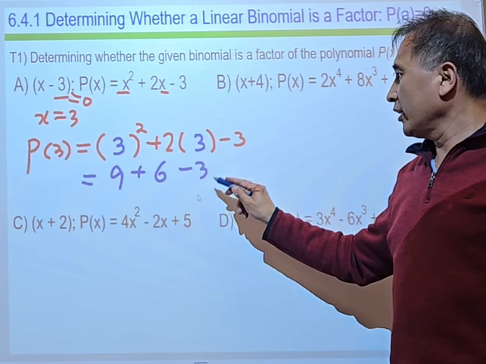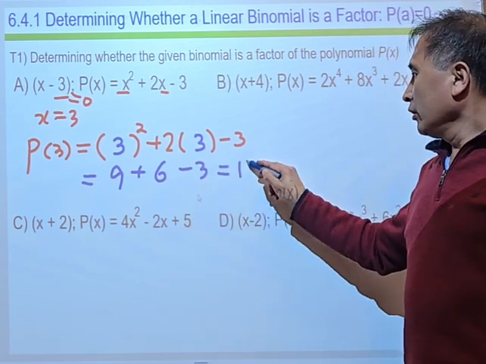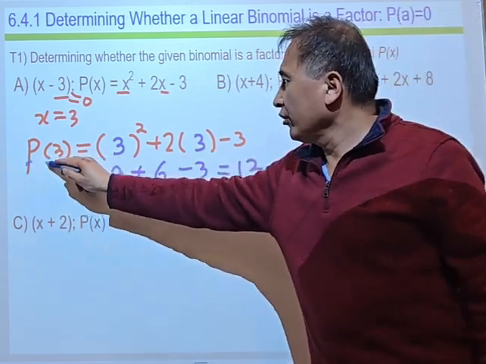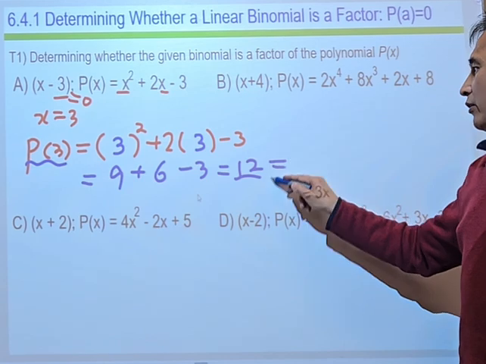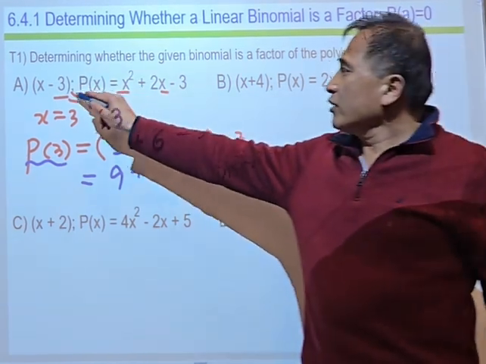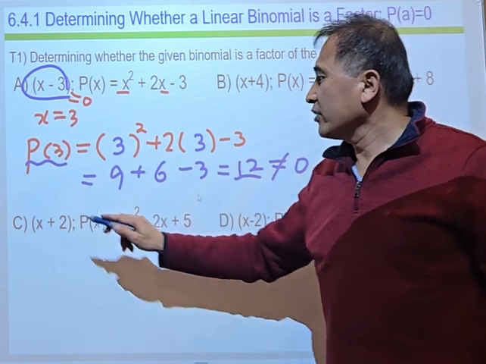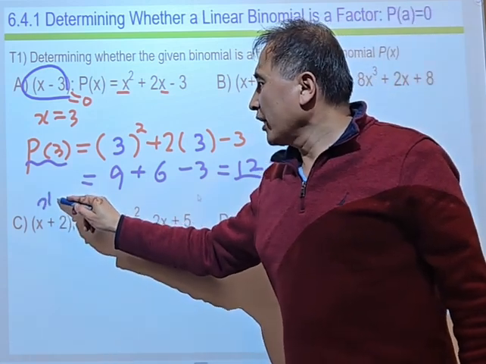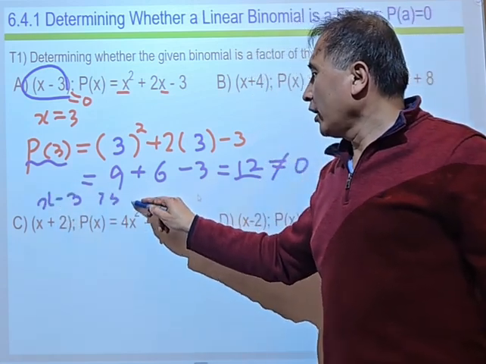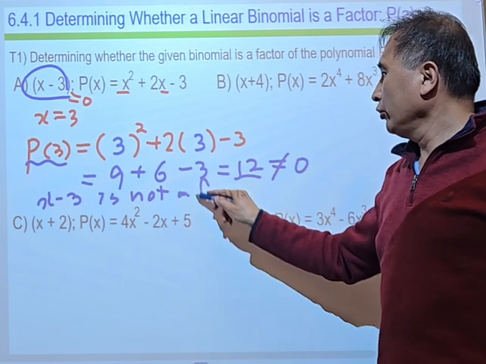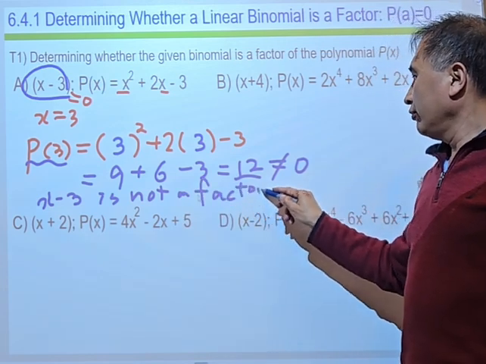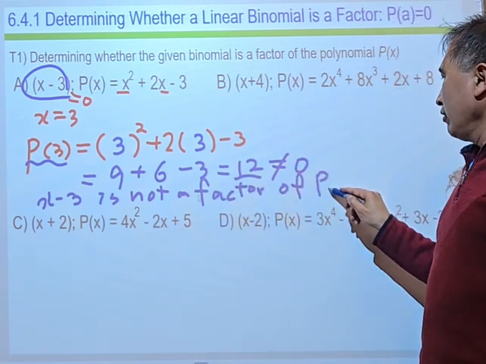This is 15 minus 3, that's 12. P of 3 is 12, not 0. That means x minus 3 is not a factor of p of x. So the answer is x minus 3 is not a factor of p of x.